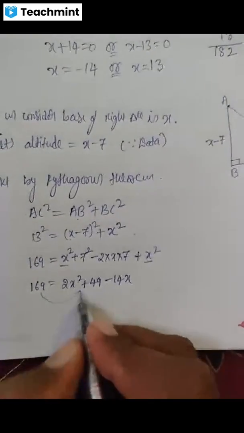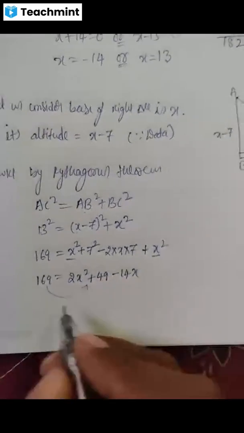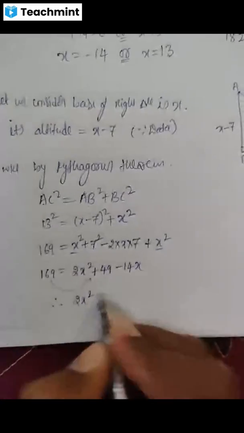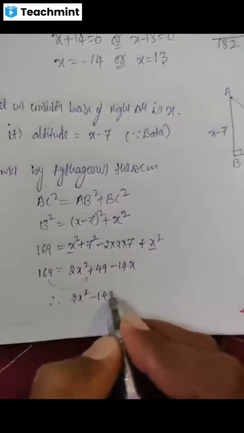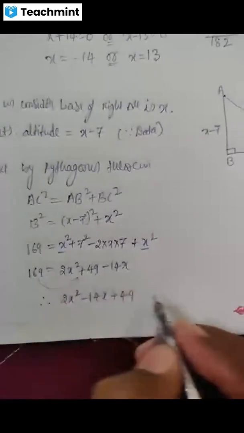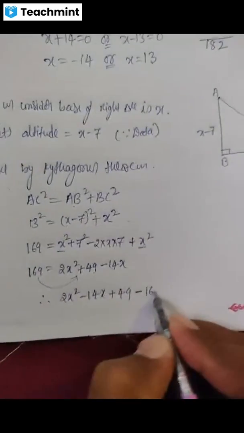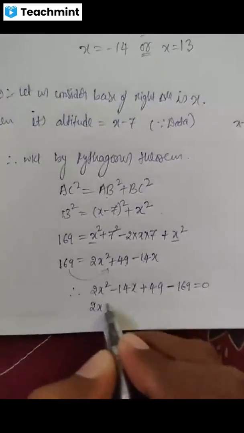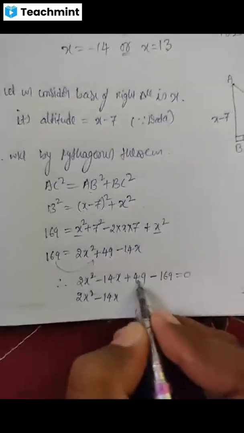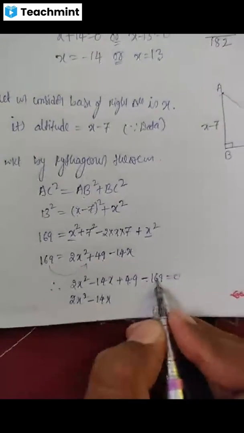So bring this to the right side. Therefore 2x square minus 14x plus 49. If it comes to the left side, minus 169 equal to 0. So 2x square minus 14x. So 49 minus 169. What will remain?